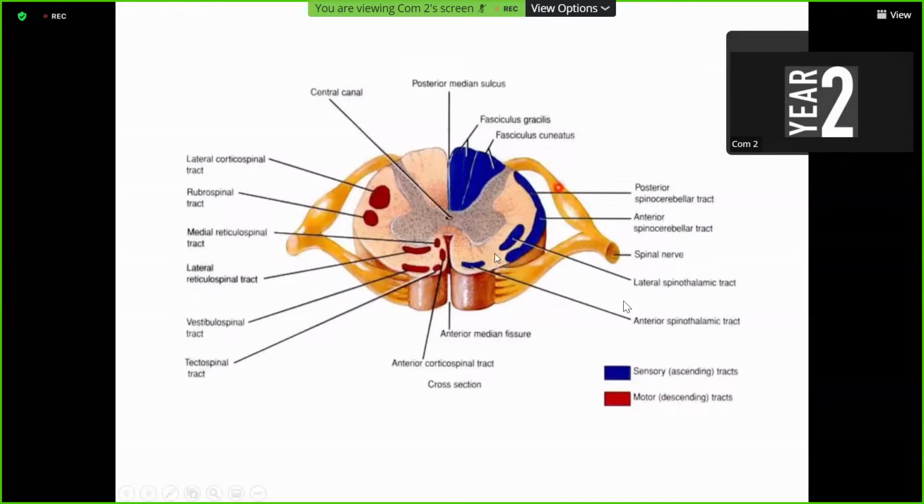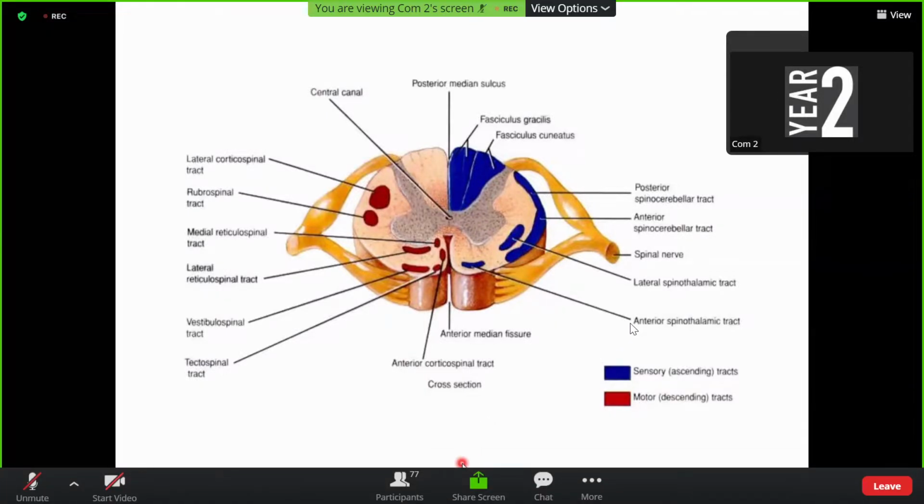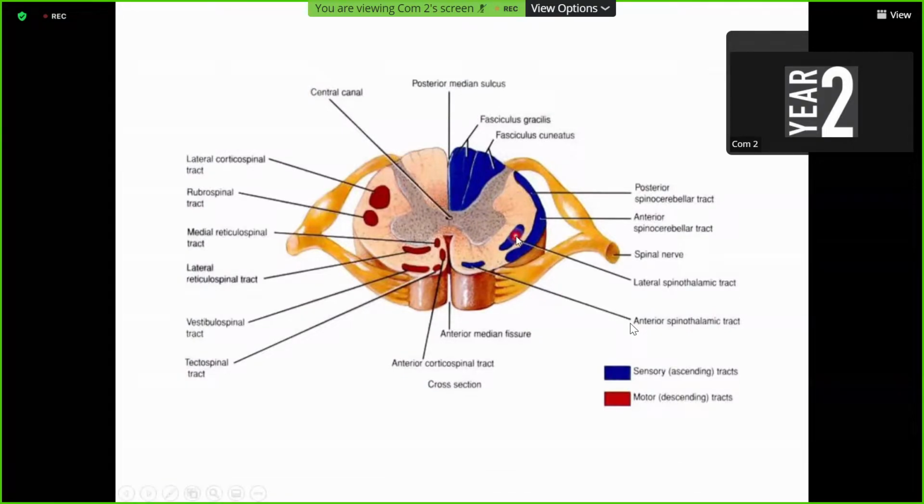Then you see the lateral white column, and one of the big tracts in the lateral white column is called the lateral spinothalamic tract. It goes from the spinal cord to the thalamus and then to the cortex. The major function of this tract is pain and temperature. Then you have two more tracts in the lateral white column, which are called anterior spinocerebellar and posterior spinocerebellar. The name tells you that they go from the spinal cord to the cerebellum. They are not going to go all the way to the cortex.